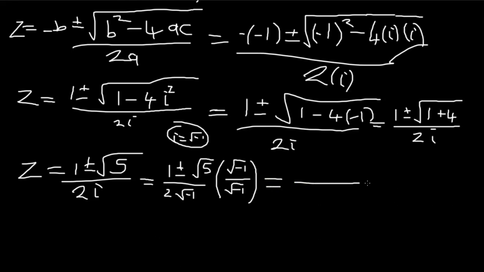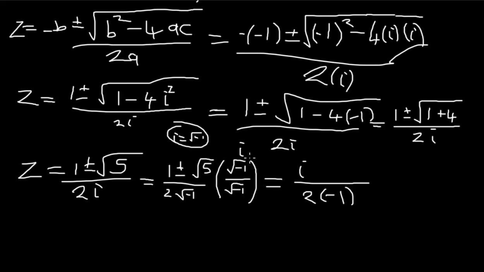So let me first write the denominators. I'm going to have 2, and then in the brackets there will be negative 1. We know that the root of negative 1 is nothing but i, so multiplying throughout is the same as multiplying i throughout. When I multiply i times 1, I get i.